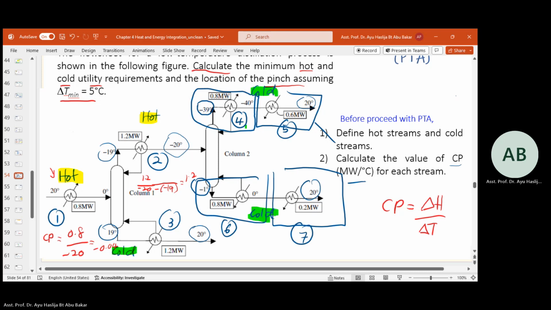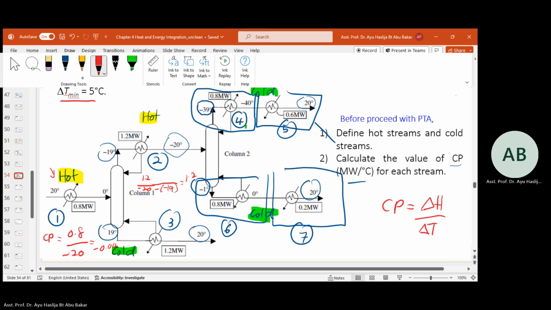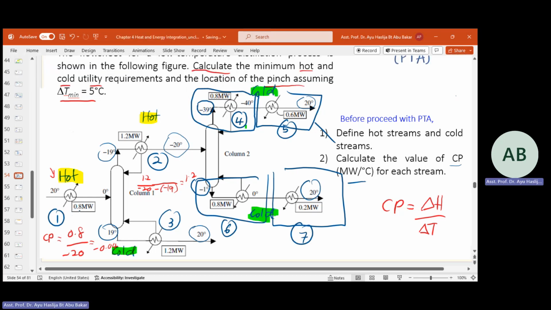Okay, now, why is it negative on the delta H? We missed out the sign on the delta H. Okay, here, back to stream 1, 0.8. Here you supply heat or you receive heat?